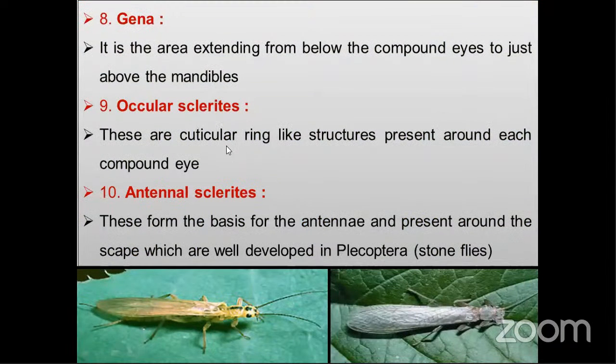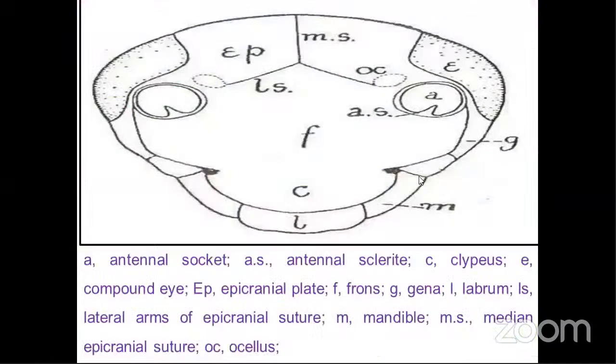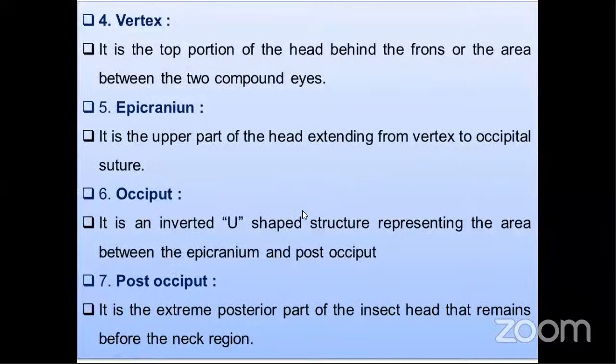So next, gena. It extends from below the compound eyes to just above the mandibles. You can see here the gena. M means mandibles. Above the mandibles, below the compound eyes. Okay.